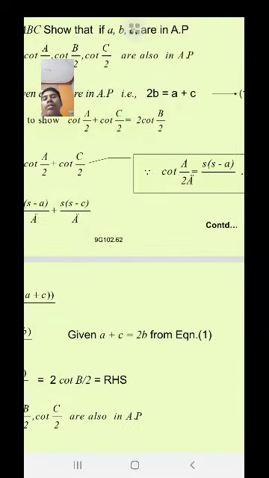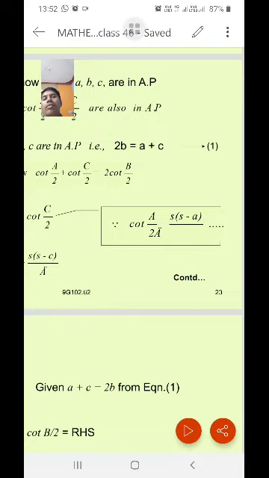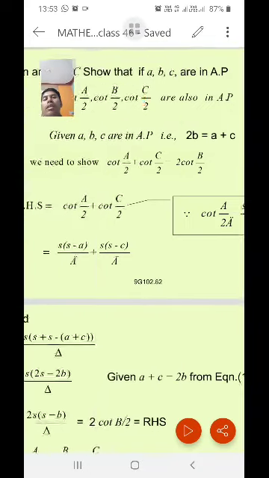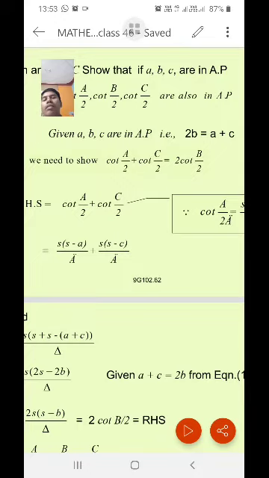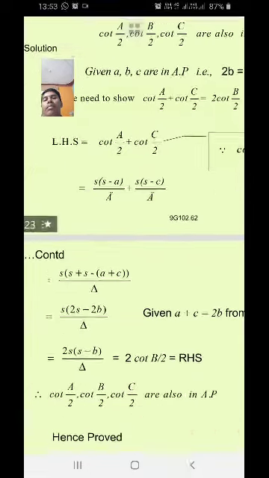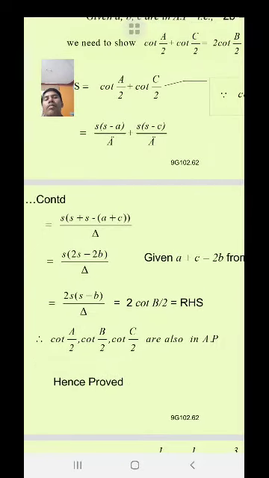Cot A by 2 can be written as s into s minus a by delta, and cot C by 2 is replaced with s into s minus c by delta. In both the terms, s by delta is common, so take it common.